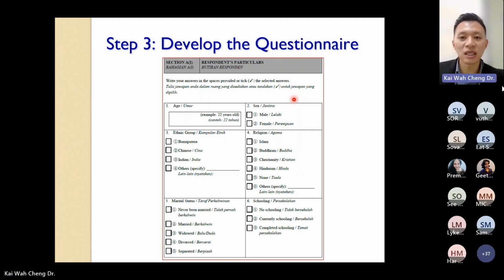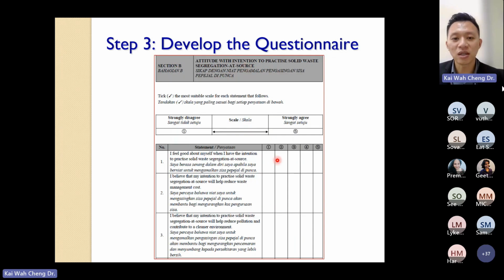So these are the demographic variables that we can use to describe or to show the respondent particulars in the dissertation or paper writing. And this is the way we present the items to test each of the variables in the research framework.